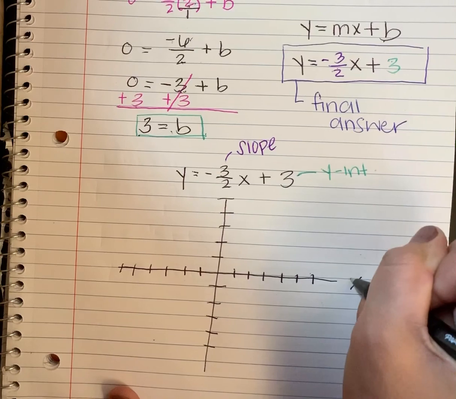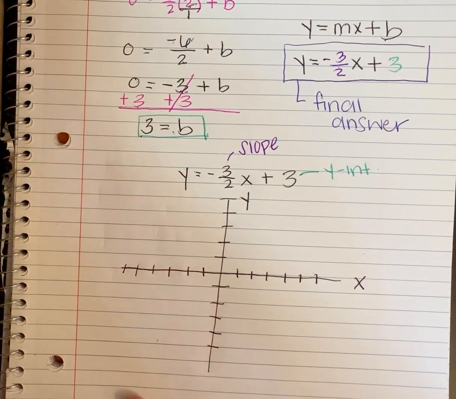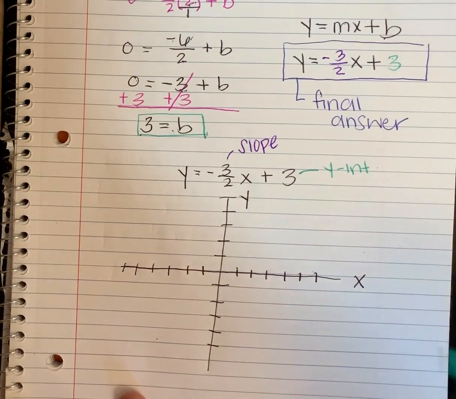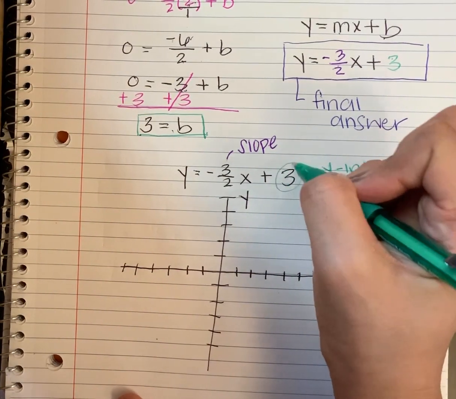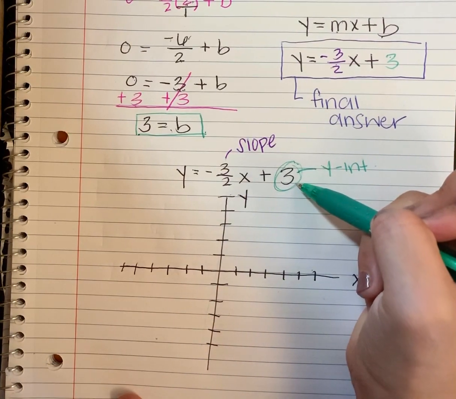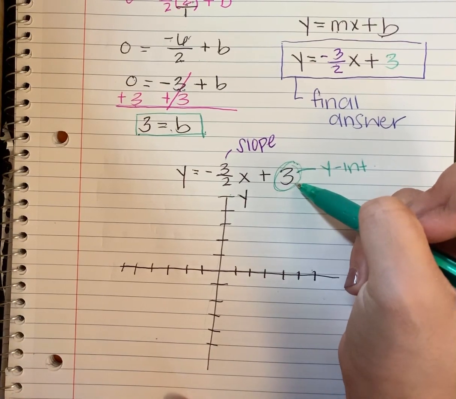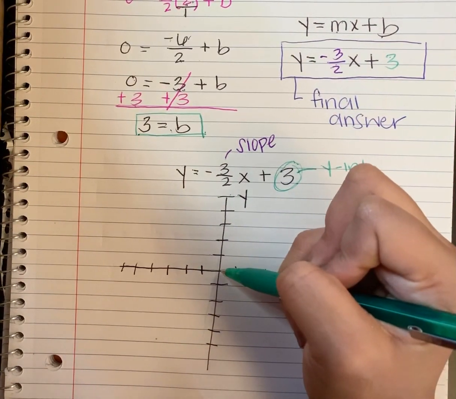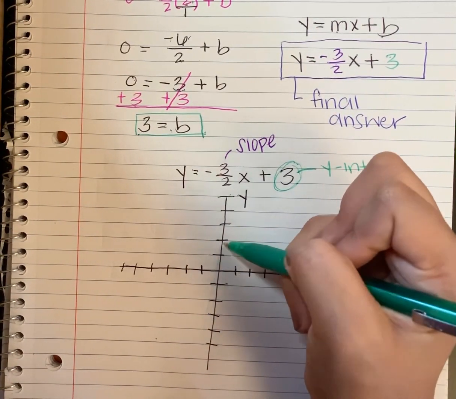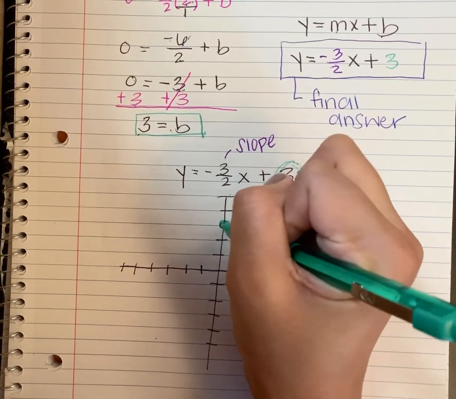And then this is my x value, and this is my y. Okay, so we know we always have to start with our y-intercept. So we start on the y-axis, and we have to go on the y-axis at the third point because our point is 3. So let's go up 3. 1, 2, 3. So this is going to be our first point.